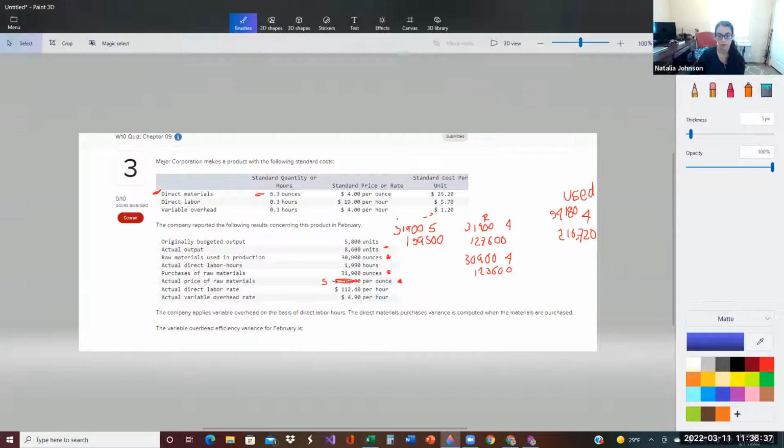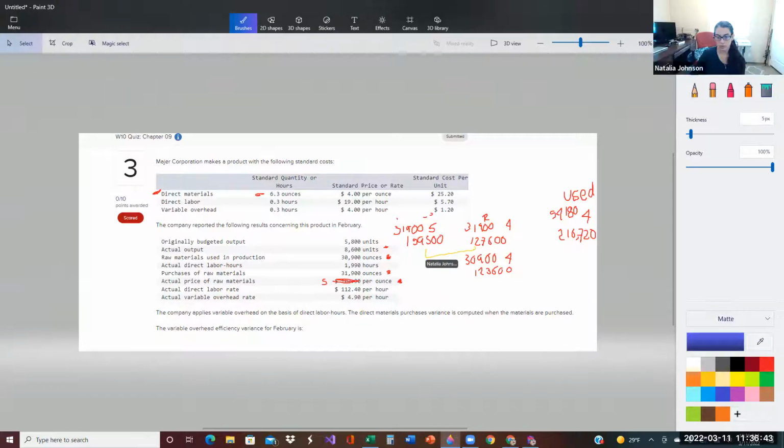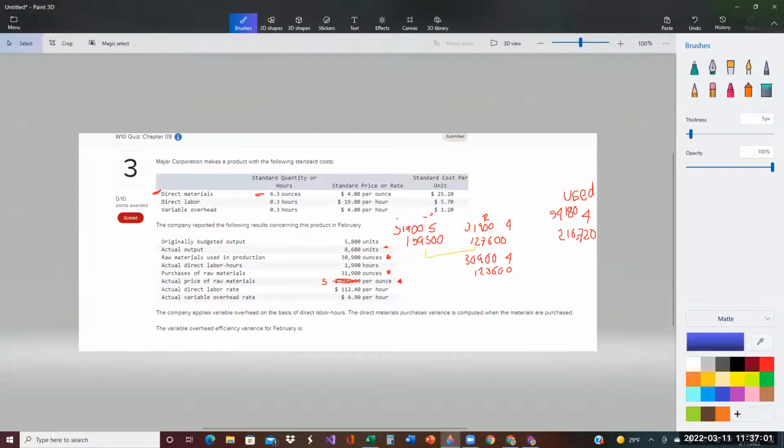So it's 127,600 minus 159,500, which is 31,900.